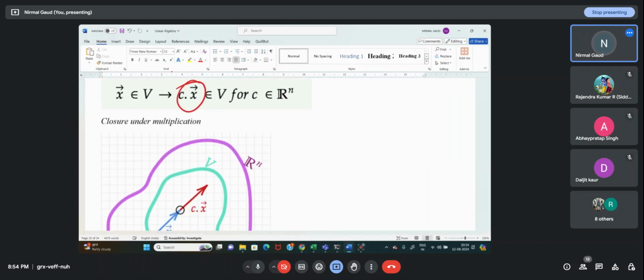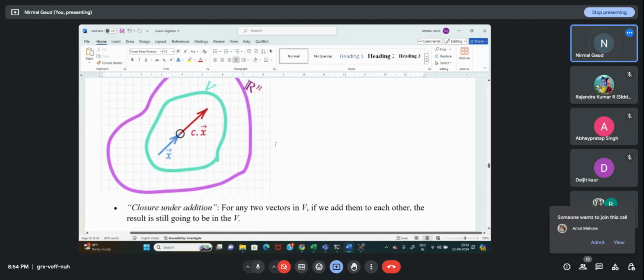This is the scalar multiplication, closed under multiplication. If you multiply anything, the result should come in this region only.